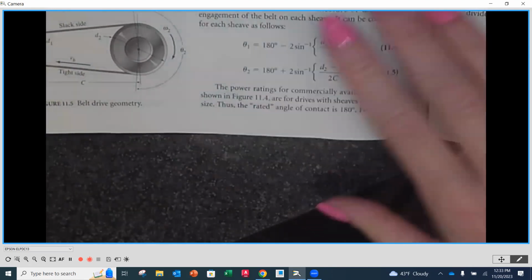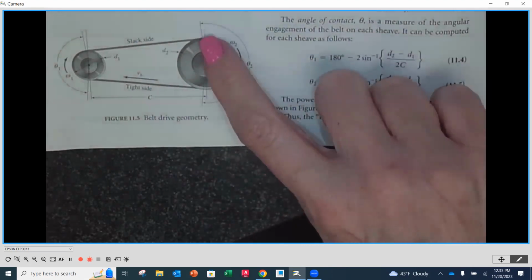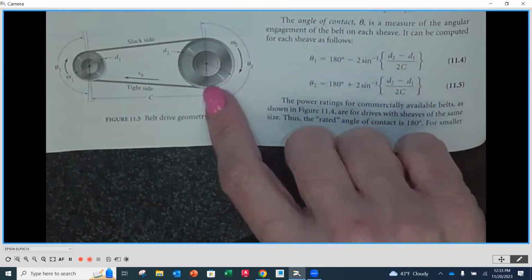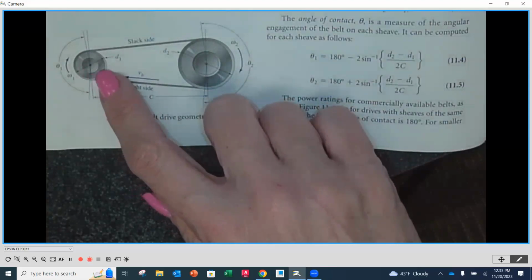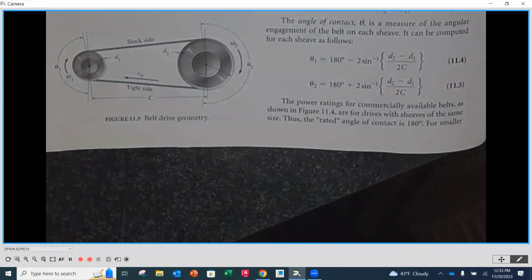So you need at least 180 degrees of wrap of that belt on both of these shafts. So notice that it's a little bit over 180 on this side and a little bit over 180 on that side. It avoids allowing these to get too close. Okay, and then we have the range for the center distance so that they don't get too far apart as well.